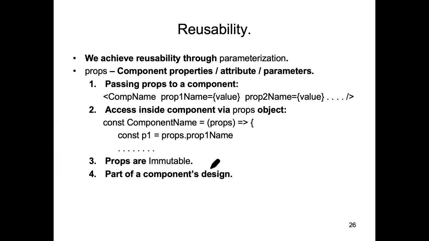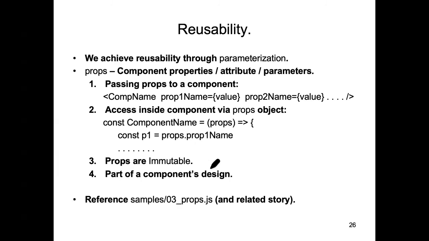I'm not going to get into how you decide what properties are appropriate for a component. Usually it's fairly obvious, but it is part of a component's design. When you are designing a component, it's part of the decisions that you have to make, as well as how you want the component to render on the screen. You will have to decide what will be meaningful props to pass into the component.